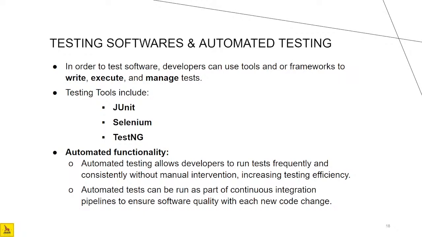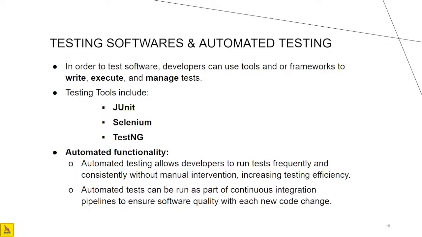Automated testing allows developers to run tests frequently and consistently without manual intervention, increasing testing efficiency. By having automated testing, we can provide more tests, we can provide efficient tests, and we can target our tests to make sure that our system is working properly.